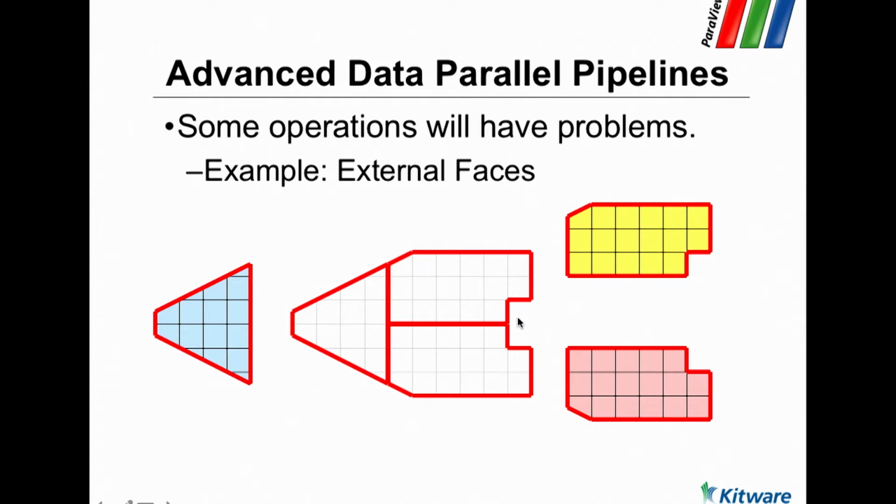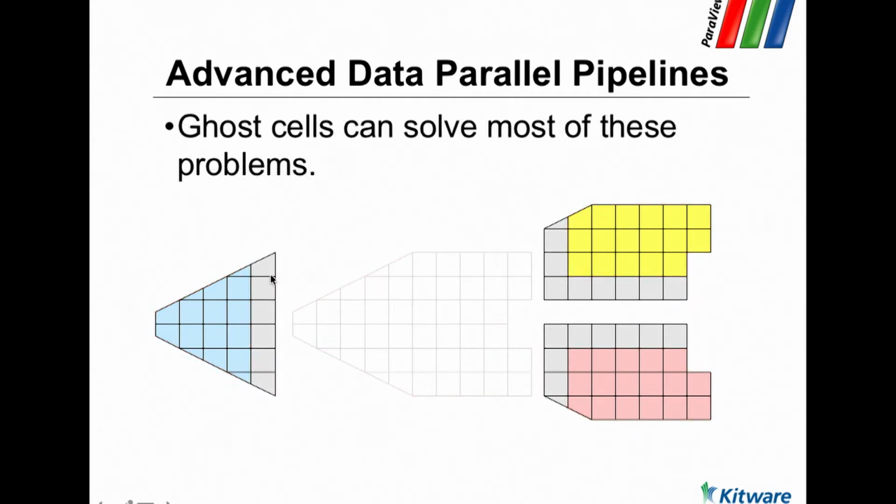This problem and many other problems are fixed with the so-called ghost cells. You might have heard of them before in your course. What these are is basically you duplicate one or several rows of cells at the interior part, at the intersection part.